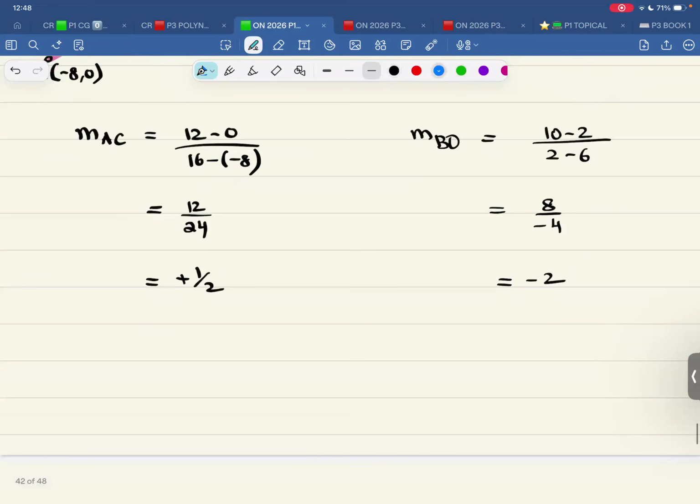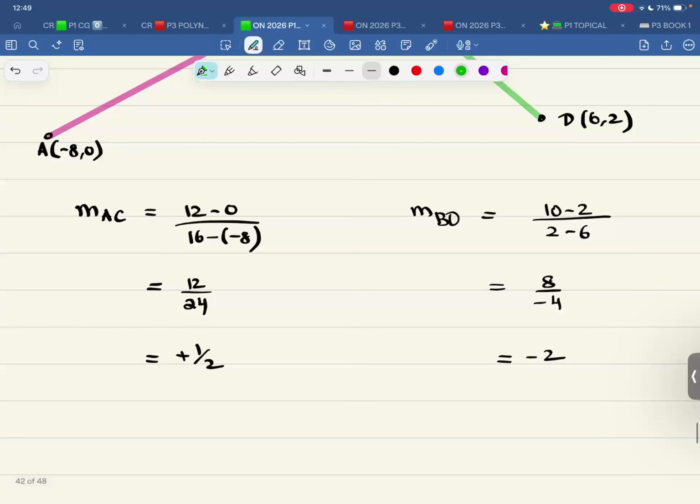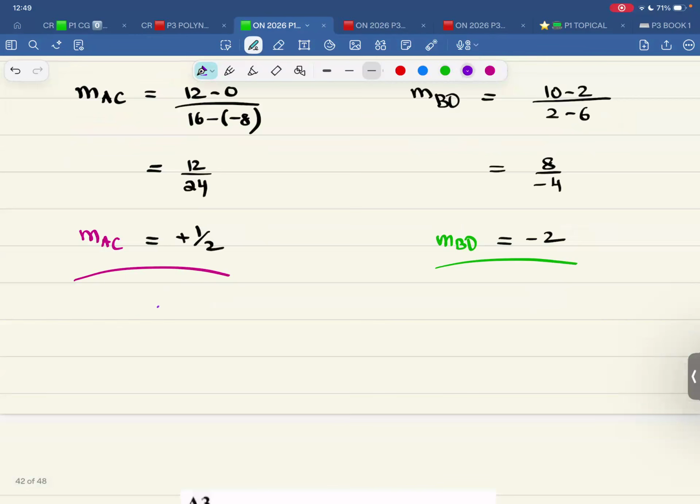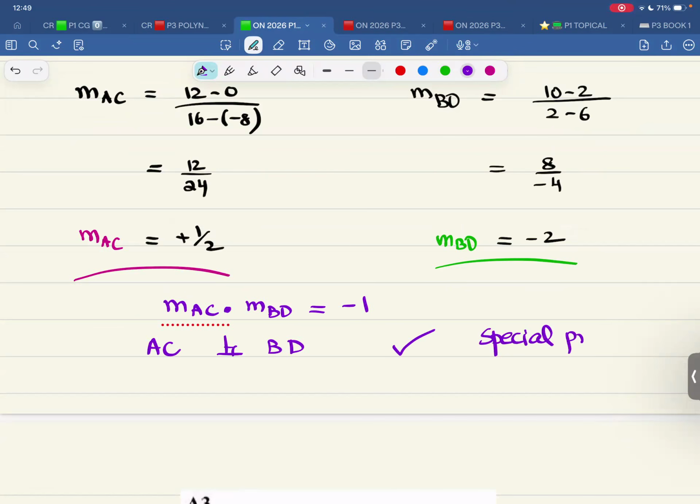Now focus over here. The gradient of AC is positive half. The gradient of BD is negative 2. They are negative reciprocals of one another. Since the gradient of AC times the gradient of BD gives you negative 1, that means AC is perpendicular to BD. This is that special property.